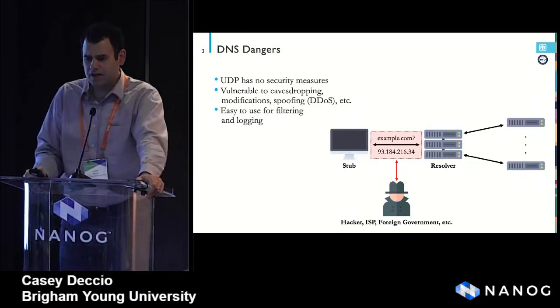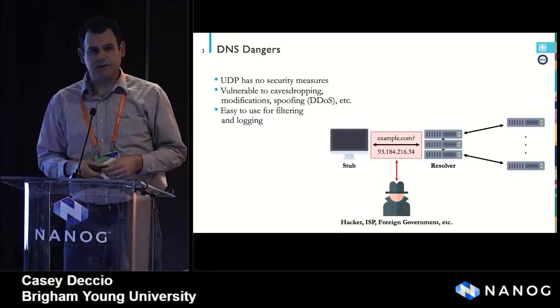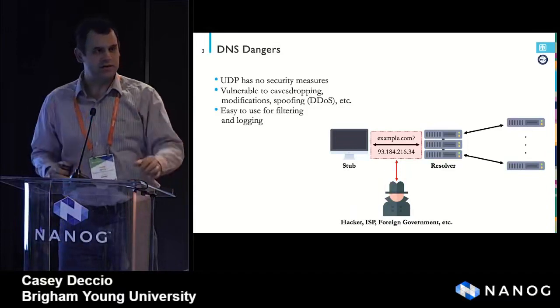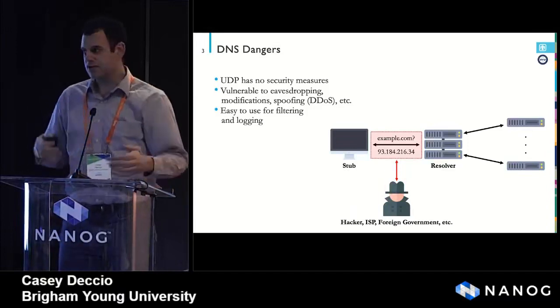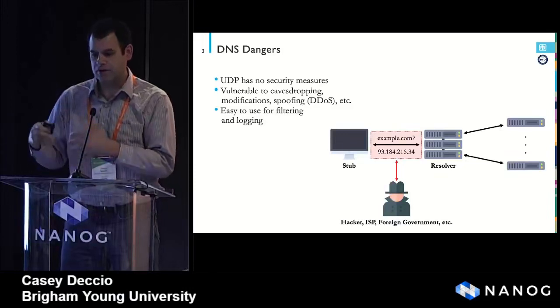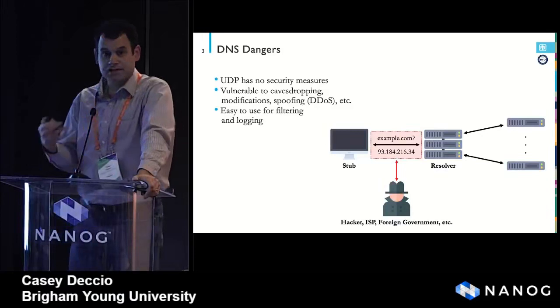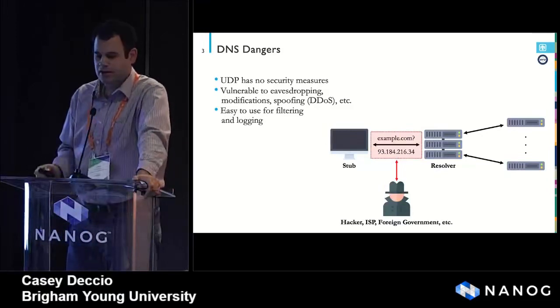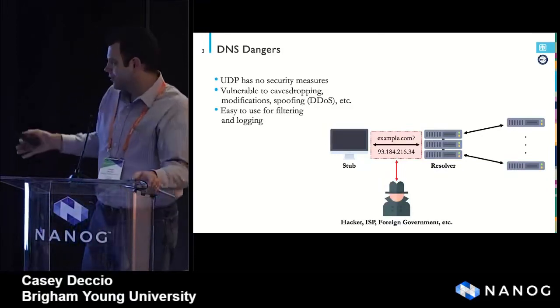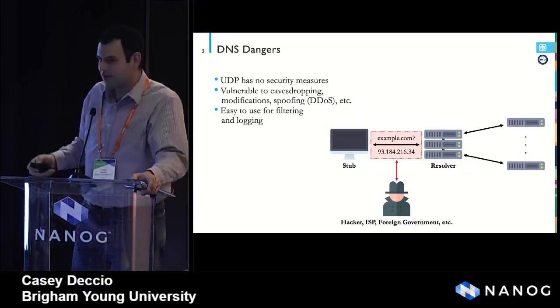Okay, also, because it's clear text, it can also be used for filtering fairly easily. Think of the predictable port 53, where you can intercept things fairly easily if you wanted to, or drop packets, or do a number of other things. And also logging and collecting that data if you wanted to take advantage of that. So, you know, insert your favorite sort of mischievous character in the middle there.